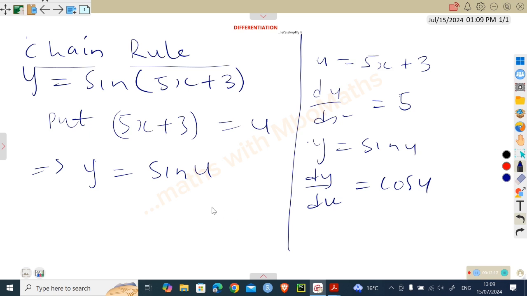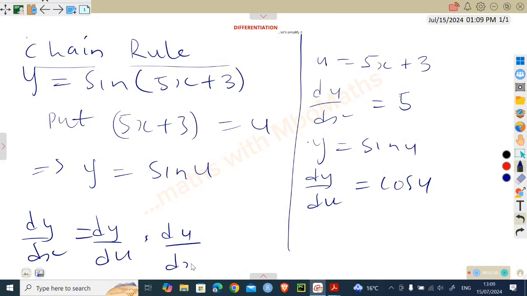So that takes you to what the formula says. The chain rule says that if y is a function like this, dy over dx is given as dy/du times du/dx.